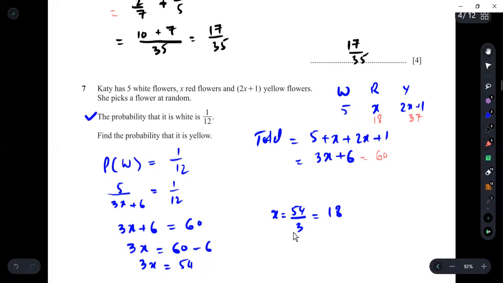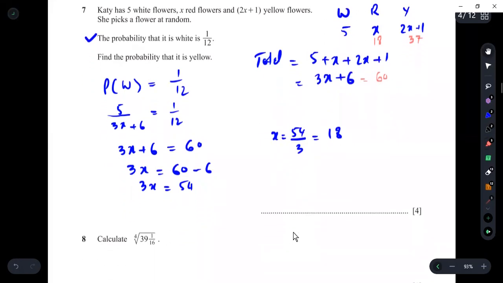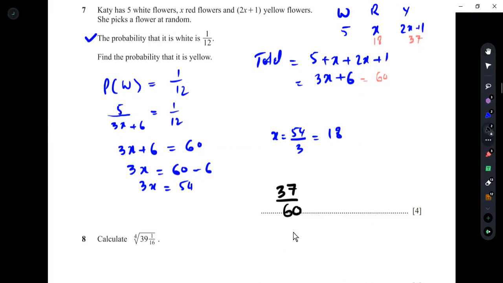So now we can write the answer to our question: what is the probability that the flower she picks is yellow. There are 37 yellow flowers out of 60, and 37 is a prime number that cannot be factorized or simplified. So this is our answer.